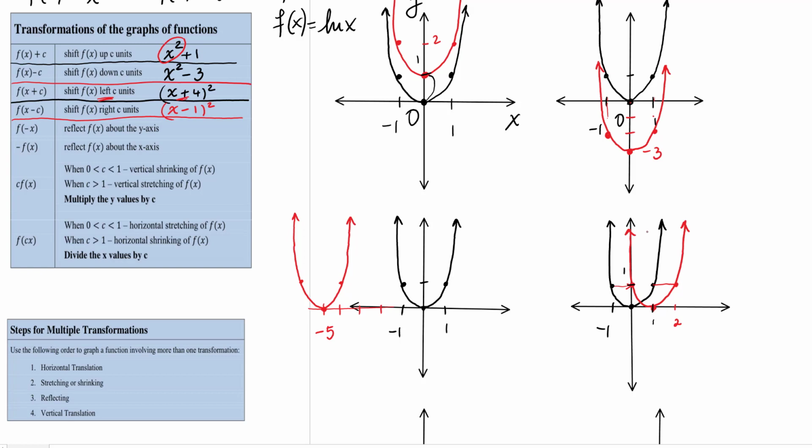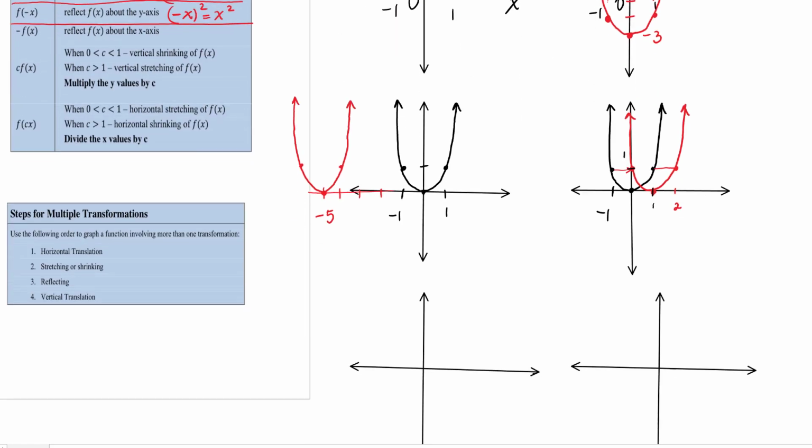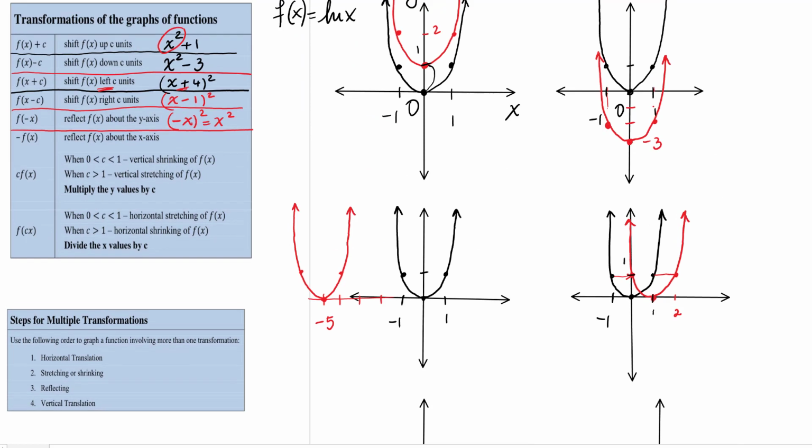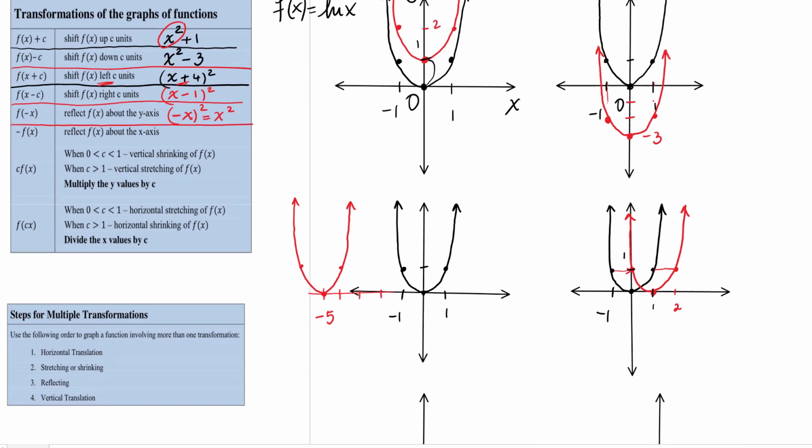Okay, let's take a look at the next one. f of negative x reflects f of x about the y-axis. So when we do f of negative x, we actually get negative x squared, which is x squared. So here we cannot see much, because how do we reflect it about the y-axis? Well, it's already symmetrical.